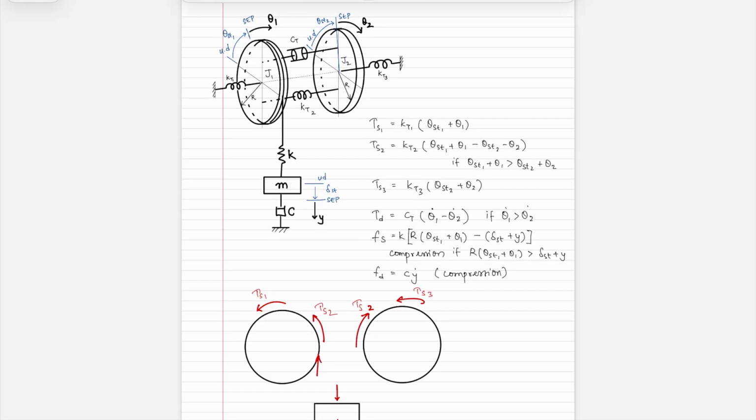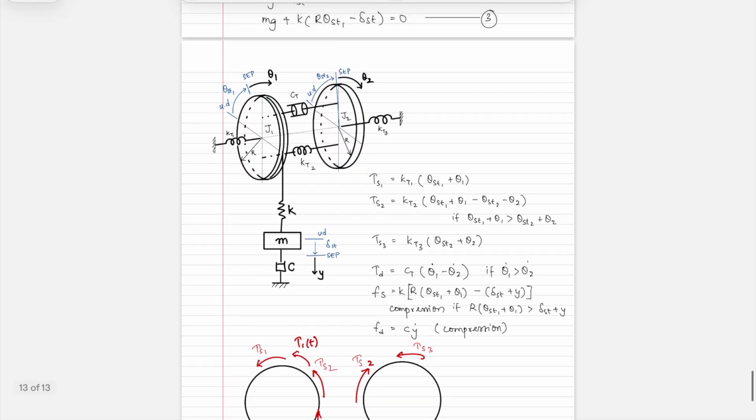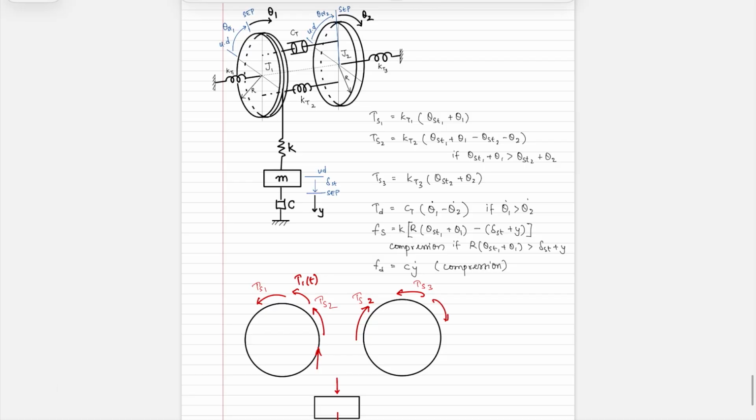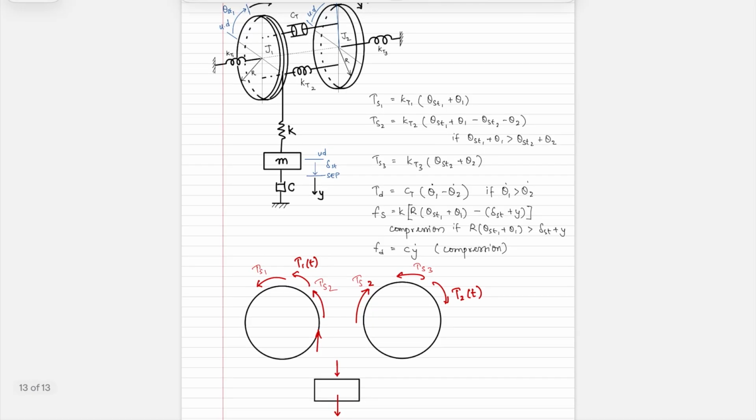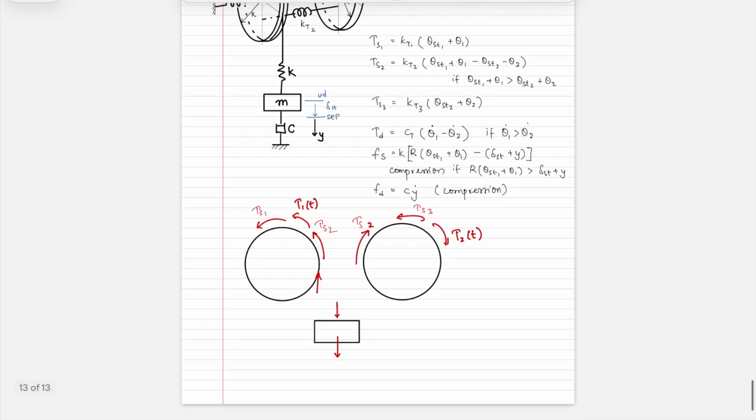Don't forget that we had external torques. So we had tau 1 of t, and I believe in this direction we had tau 2 of t. We also had that force in this direction as f of t. Here we have fs. This was mg. Now let's add the damping forces.